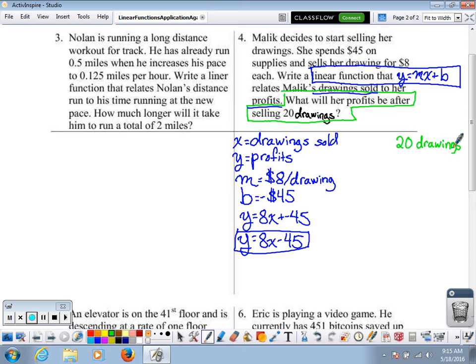Is that a value of x or a value of y? It's an x. It's a number of drawings, and we said x was drawings. So we'll take those 20 drawings and put them in place of x. What's that going to look like?